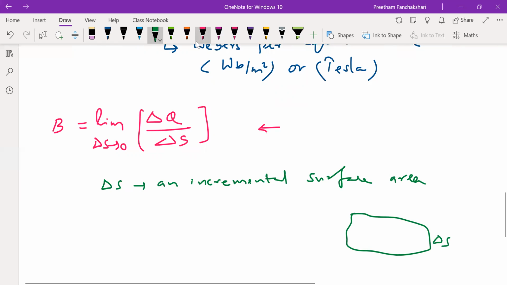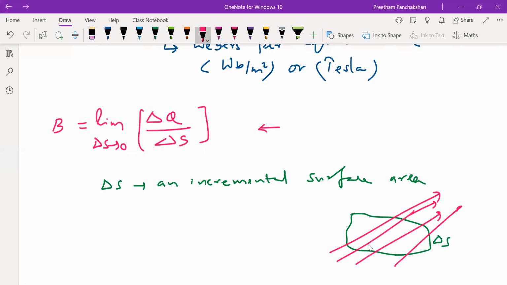Delta phi is the amount of magnetic flux passing through this area. So magnetic flux density is the amount of magnetic flux passing through a given surface area as the area tends to 0.